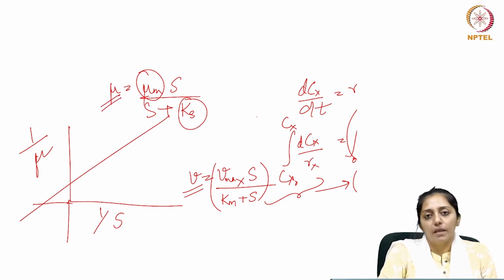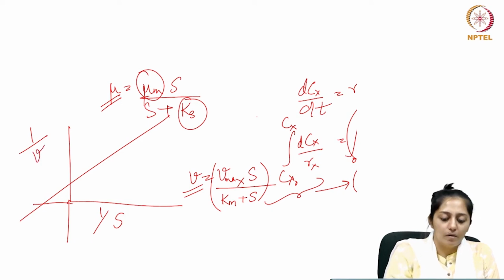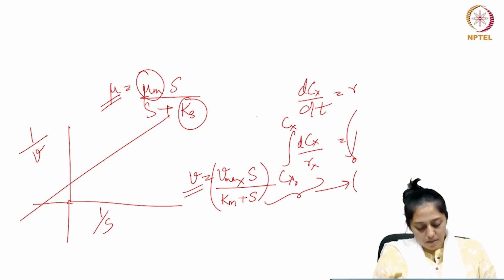So direct implementation of the Lineweaver-Burke plot, which we generally use in enzyme kinetics, which we call the 1 by V versus 1 by S plot, may not give the true representation of the Monod's model parameters.